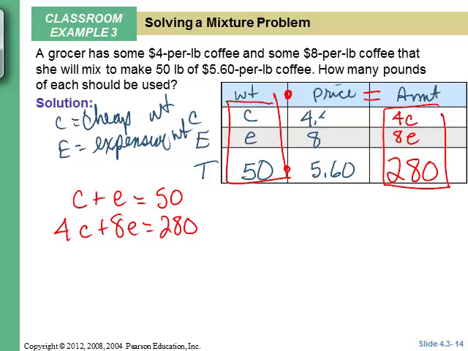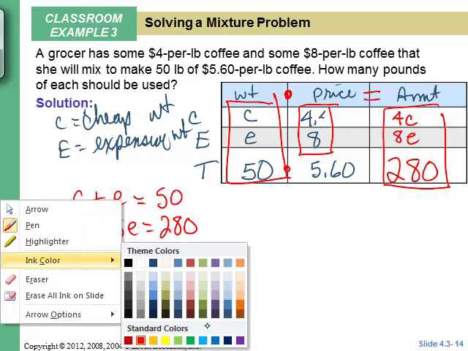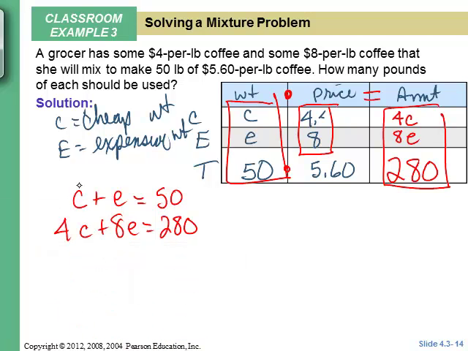Now, if you notice, this is a lot like that quarter and nickel problem that we just had. These are our prices. So what should we do? Let's multiply the top equation by negative 4. And we get negative 4C minus 4E equals negative 200.